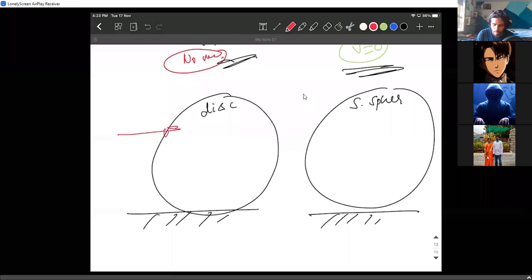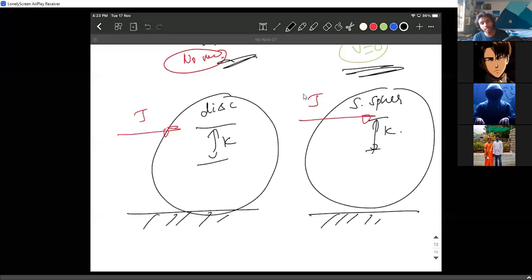If you give an impulse by a perpendicular distance which is exactly equal to the radius of gyration, the bottommost point's velocity is zero.